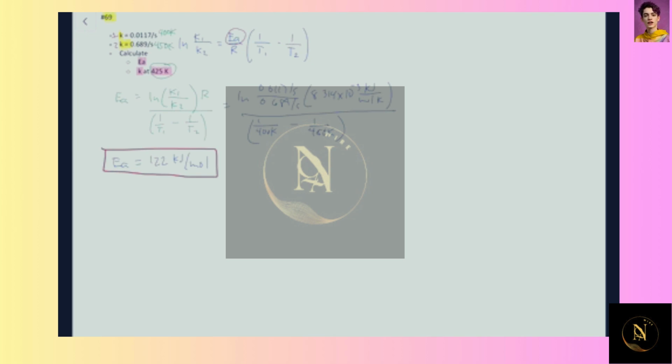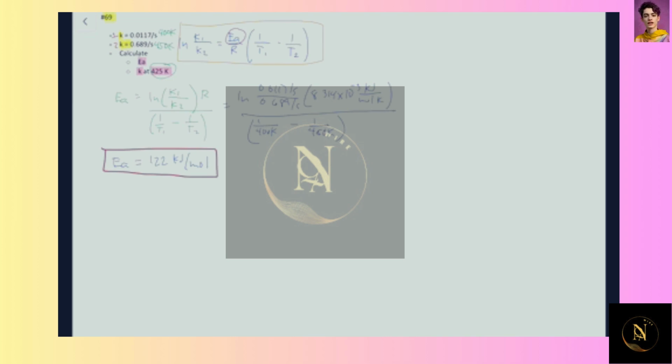For part B, we're looking for the rate constant at 425 K, and we're going to use the same equation. This time we're looking for one of the rate constants, since we already have the activation energy from part A. Again, all the assignments of K and temperature here are arbitrary.